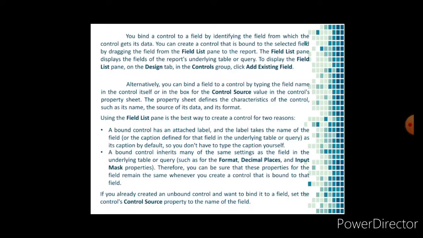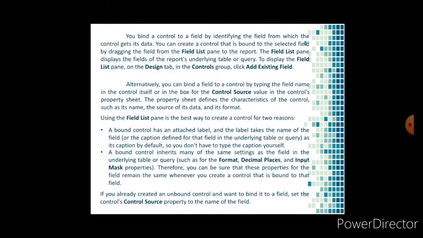Using the field list pane is the best way to create a control for two reasons. First, a bound control has an attached label, and the label takes the name of the field, that is, the caption defined for that field in the underlying table or query, by default, so you don't have to type the caption yourself.